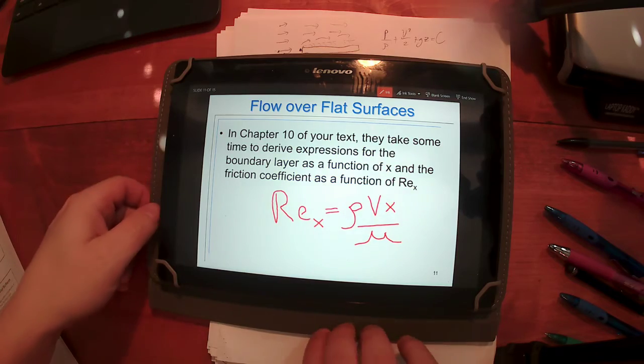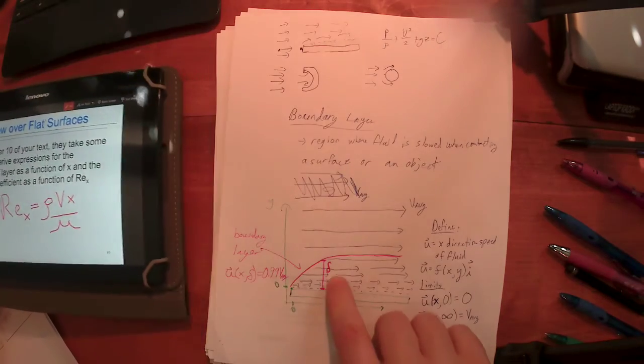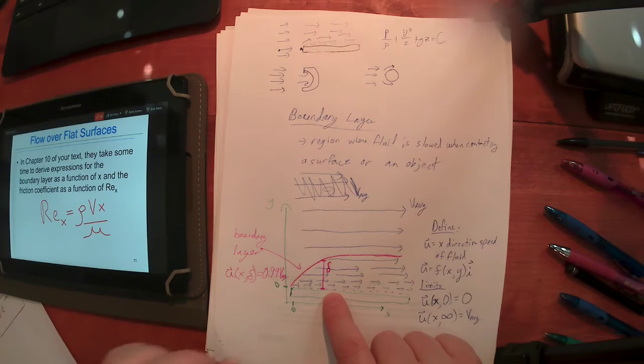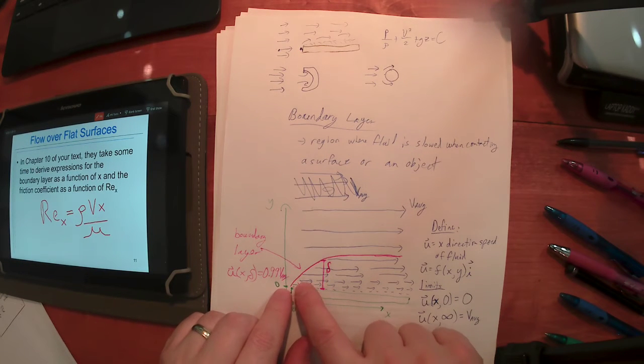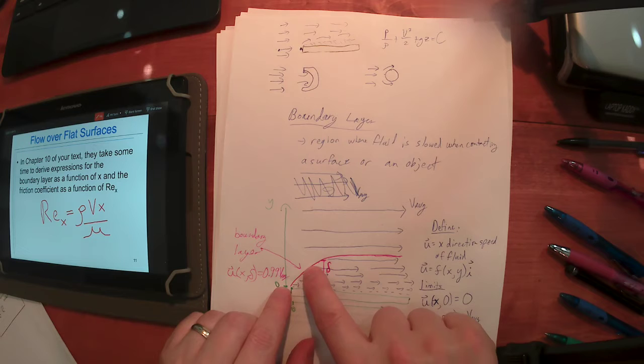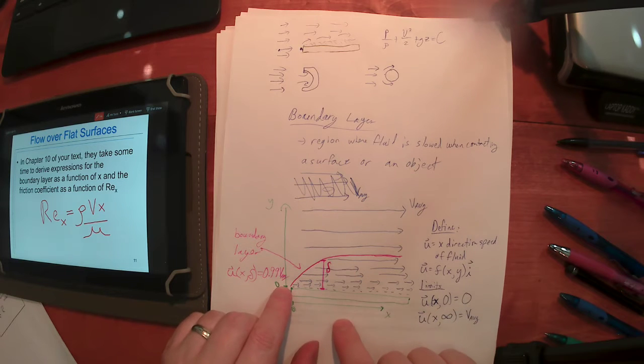And what we're saying there is, notice again on this plate surface here, as you move further along in the x direction, this boundary layer actually kind of moves back a little bit.